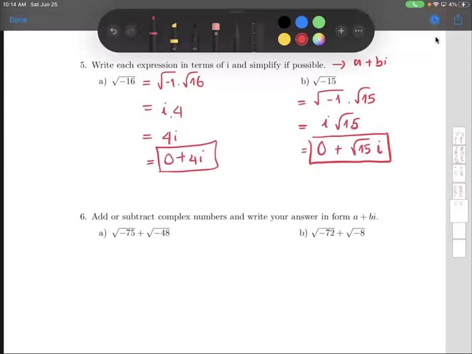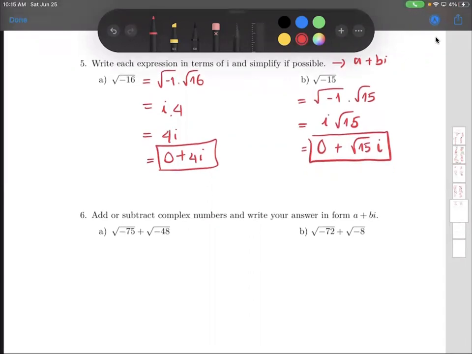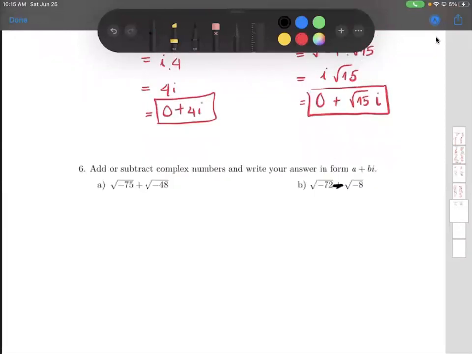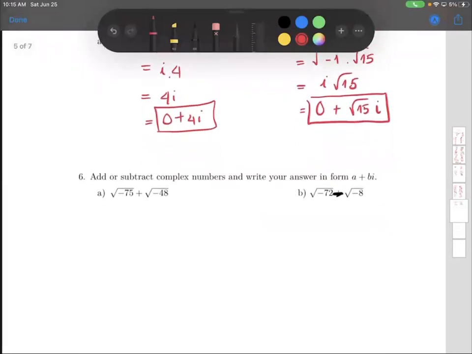Now number 6 is similar to 5, but instead of doing things separately, you add them or you subtract them. By the way, this is supposed to be subtract, I believe. Yeah. Okay. Square root of negative 75. We need to break it apart first.